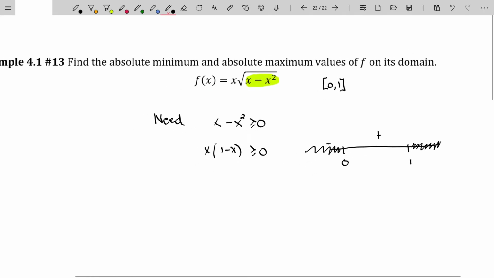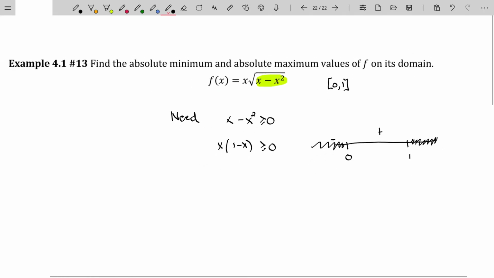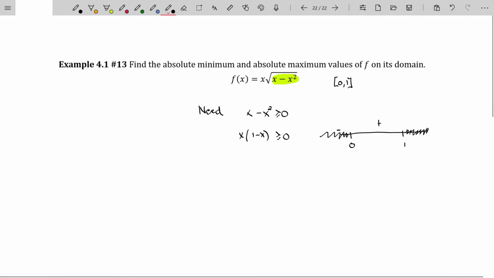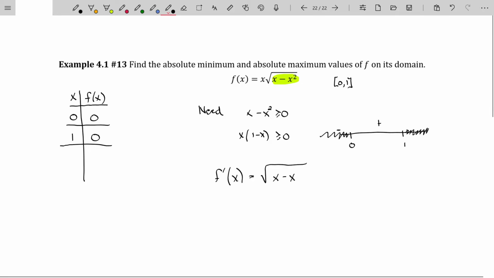And now, we just need to find the absolute maximums and minimums. Building our table of values, it's just the same thing from this point forward. I just wanted this example for that. So if you plug in 0, you get 0. You plug in 1, you get 0 as well. There you go. And then f prime of x, derivative of the first times the second, plus the first times the derivative of the second.